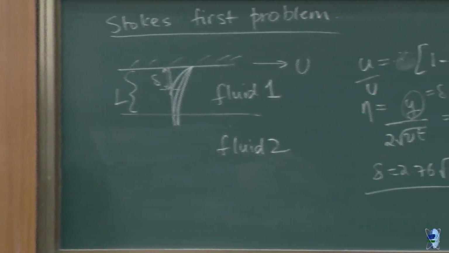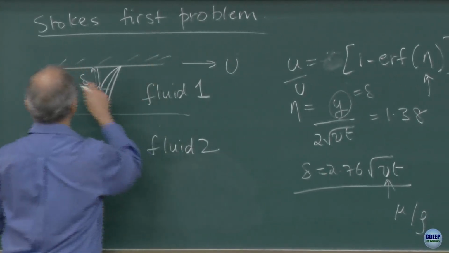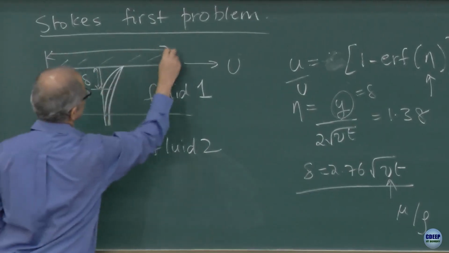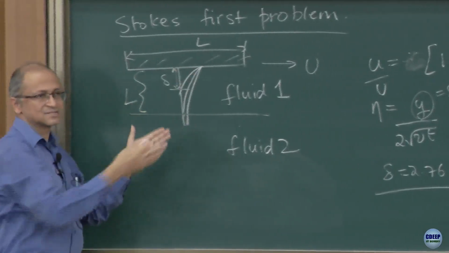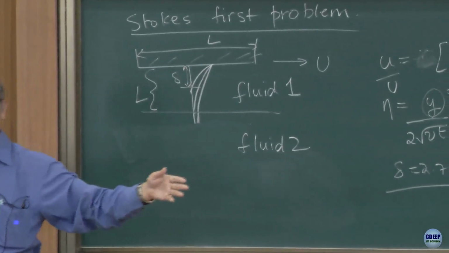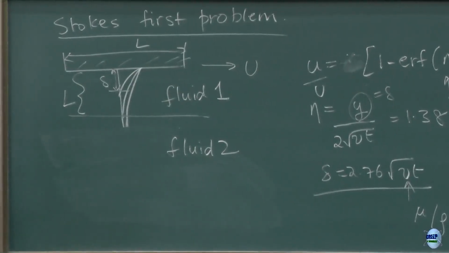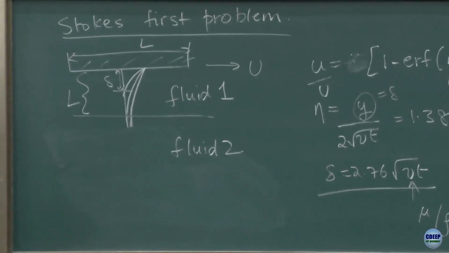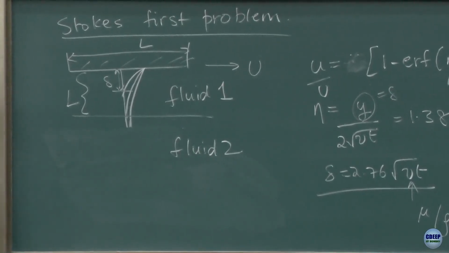The other way I can impose a length scale is by saying that this plate has a finite size. If I say that this plate has a length scale L, not infinity, then I have imposed a length scale, and you will not be able to find a similarity solution.